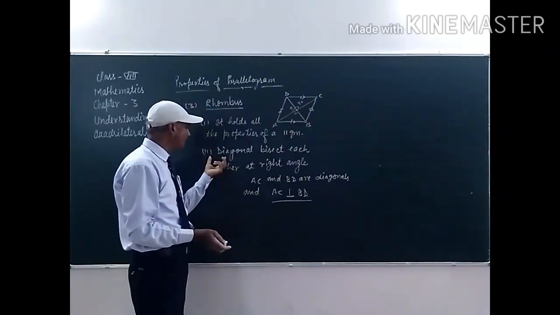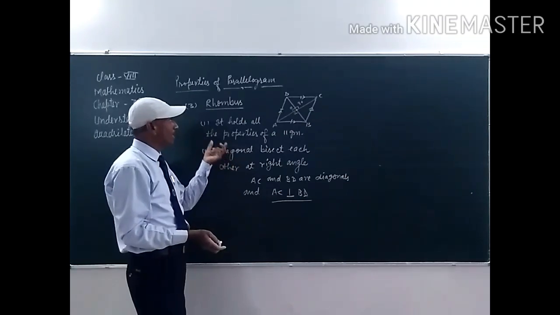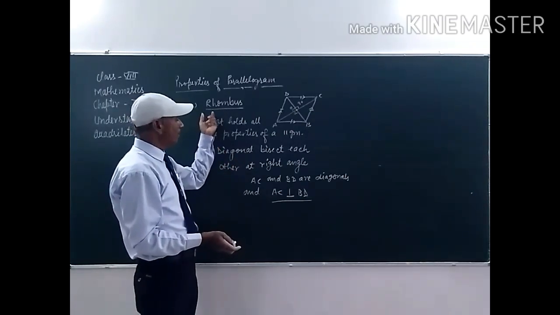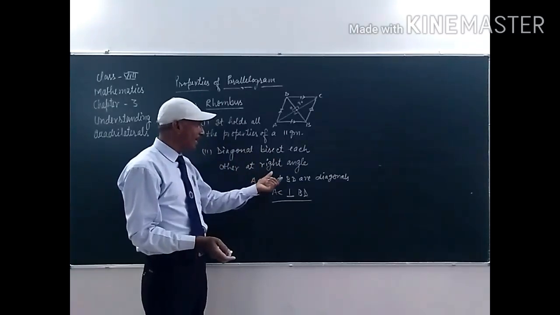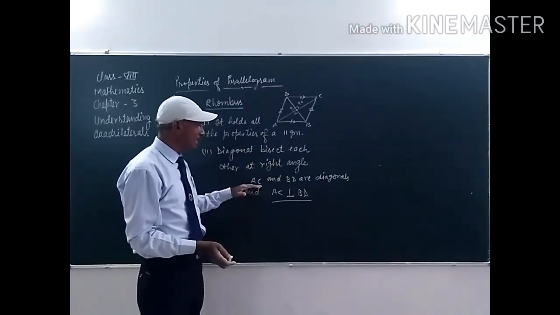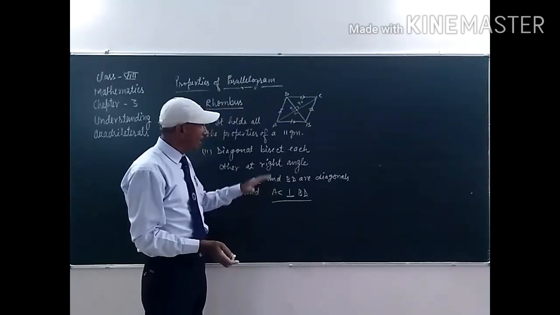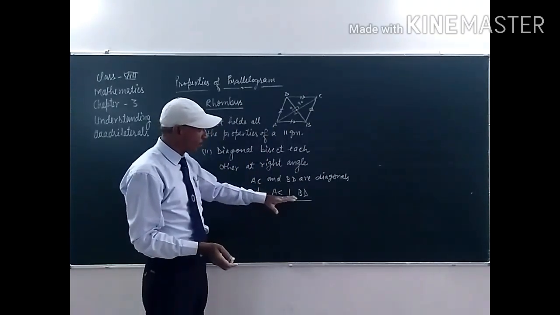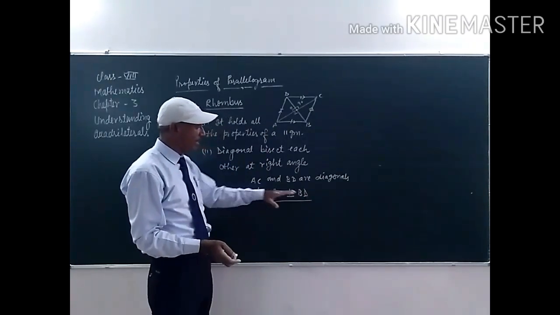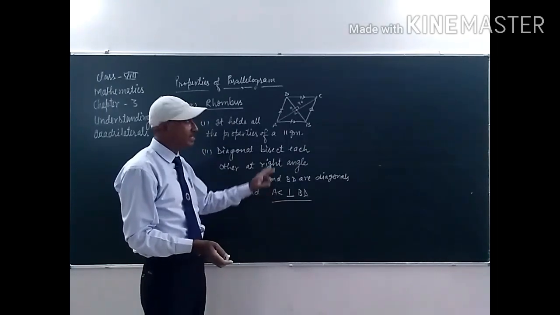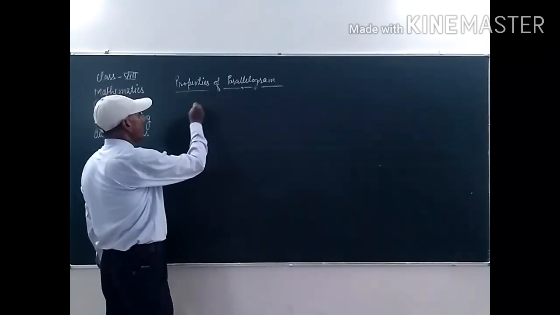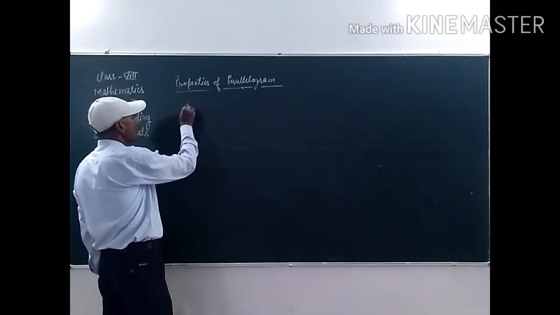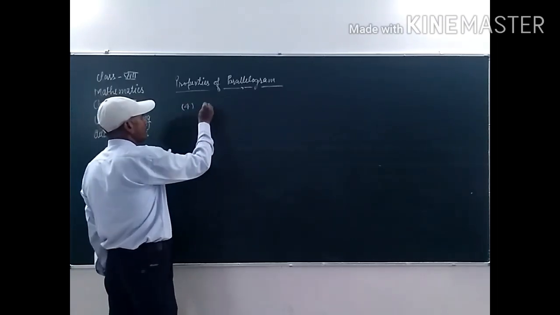So the second important property for a rhombus is that diagonals bisect each other at right angle. It means AC and BD are two diagonals, so AC is perpendicular to BD. It means they make 90 degrees where they intersect each other. And the fourth figure is square.